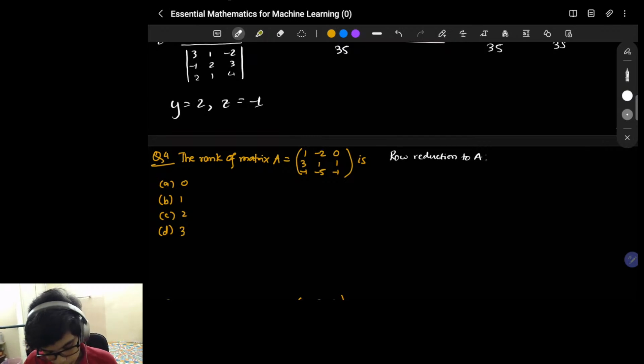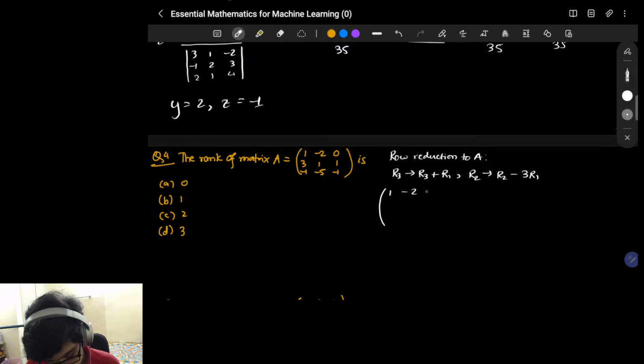The operations that we will apply are R3 goes to R3 plus R1 and R2 goes to R2 minus 3 times R1. So this would give us, so.